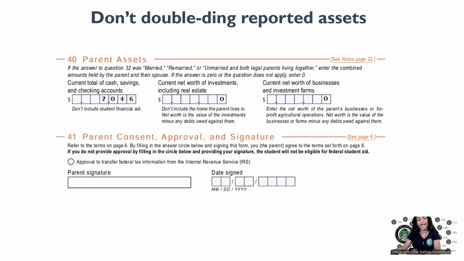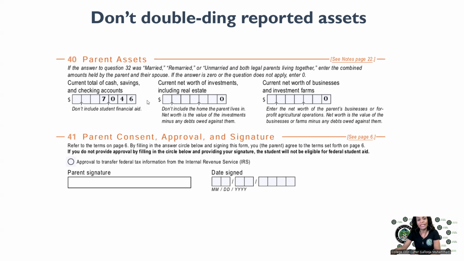When you report assets more than once unnecessarily, you end up potentially causing your financial aid eligibility to be reduced. What do I mean? So when the current total of cash, savings, and checking accounts is reported, for example, some families, for some reason, and it happens quite often, will also report this balance under the next column for current net worth of investments, including real estate.